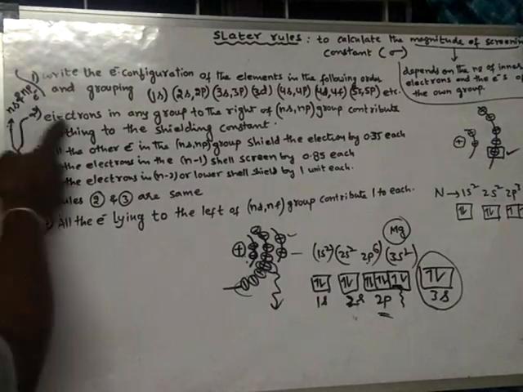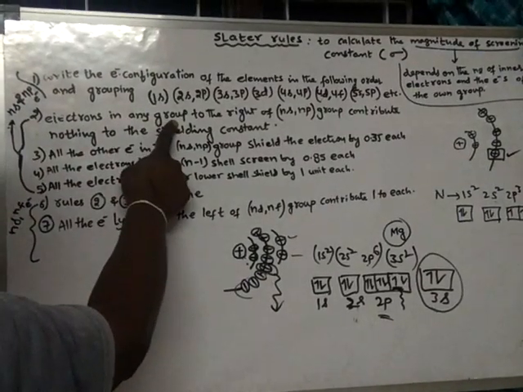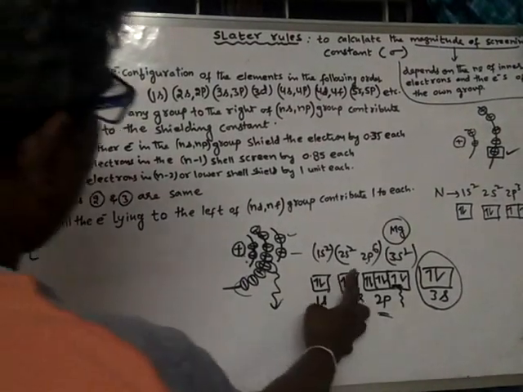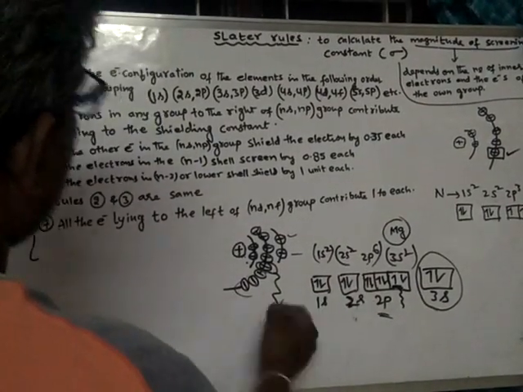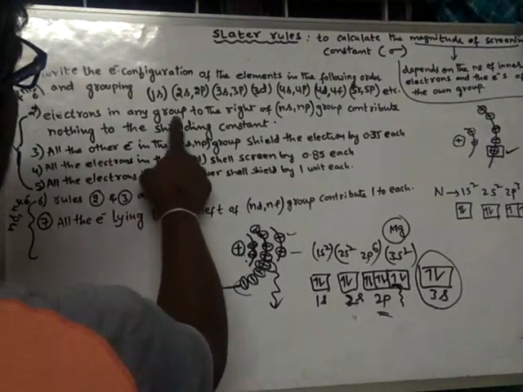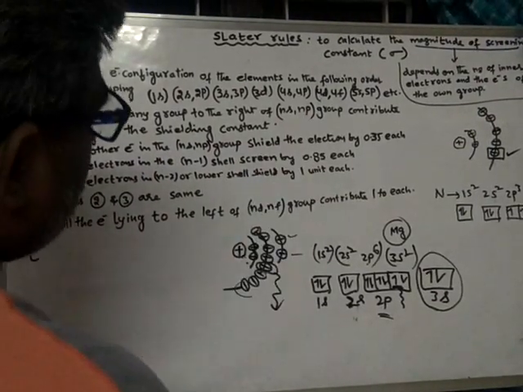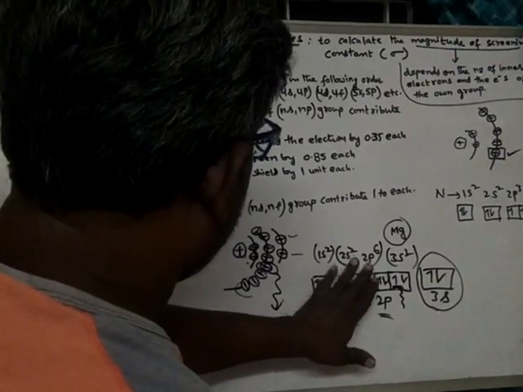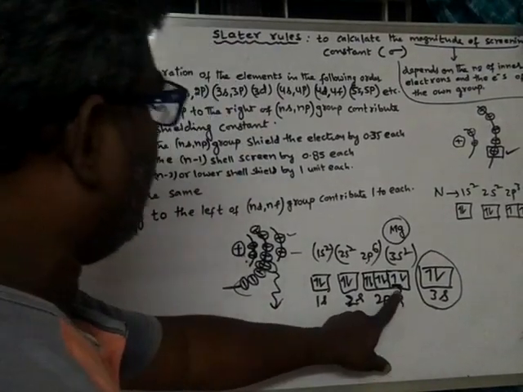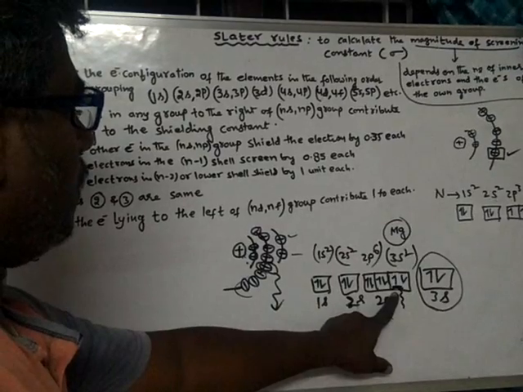The second rule says that electrons in any group, for example, let us take this group. The electrons present in this group, electrons in any group to the right of the ns-np group. Look here. Suppose we are calculating the screening constant of this electron.